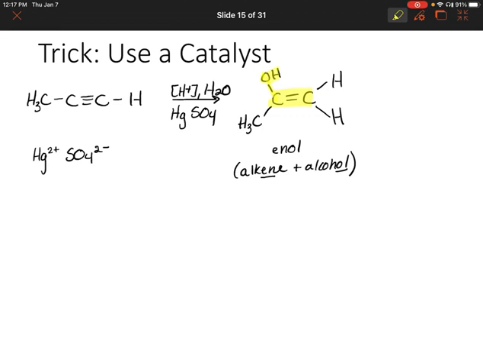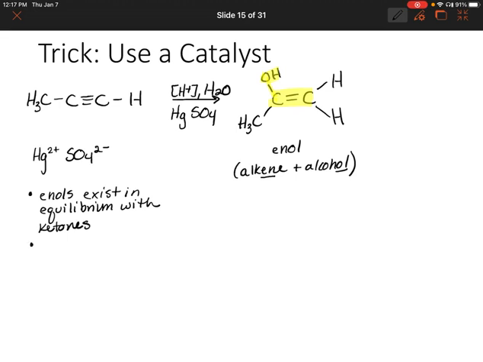Now, enols actually exist in equilibrium with ketones. So let's just kind of write that down. Enols exist in equilibrium with ketones.